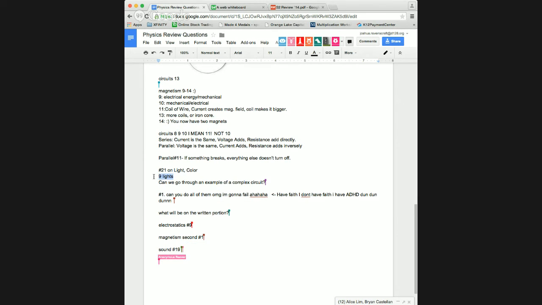For this one, is this number 9 for lights? Polarized versus unpolarized. Remember, polarized light is traveling a specific direction.